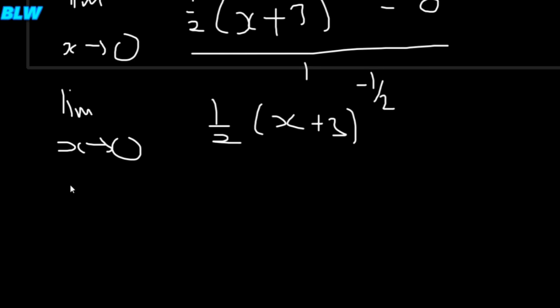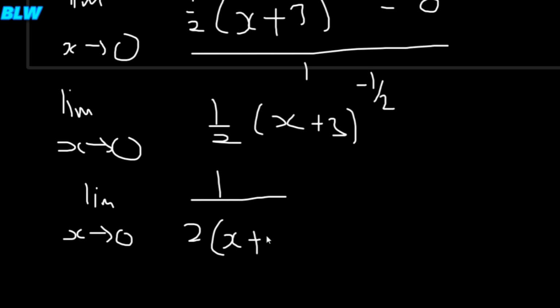So you can have the limit as x approaches 0 to be 1 over 2 times (x plus 3) to the power half. Since I wrote it this way, that's why I ignore the negative.